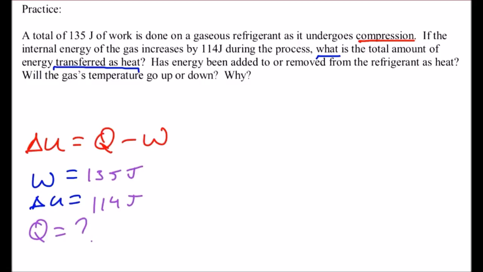And it wants to know what the total amount of energy is transferred to heat. Okay, so what should I do here? Not yet. Solve for Q. Yeah, rewrite and solve for Q. So heat then is equal to the internal energy plus the work.